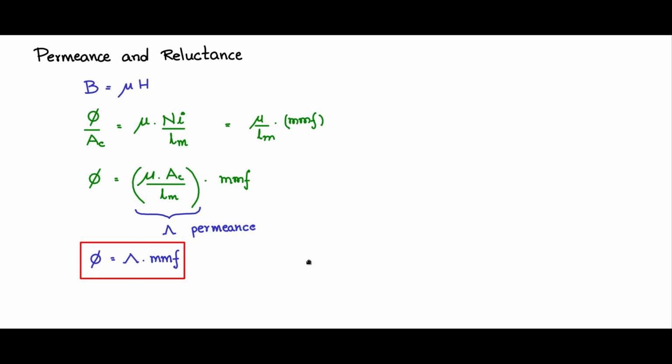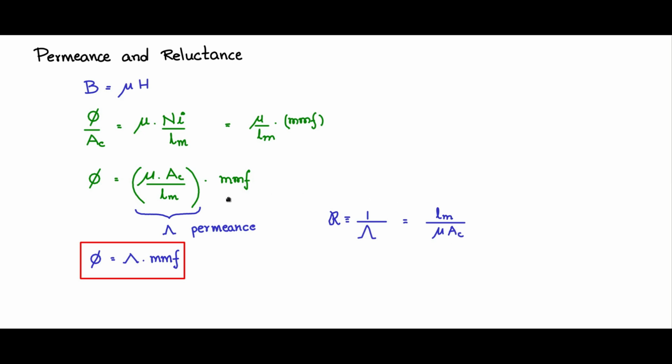This is also written slightly in a different manner. There is another term called reluctance which is frequently used, and it is defined basically as 1 by permeance, inverse of the permeance, and therefore reluctance is equal to Lm by mu AC.